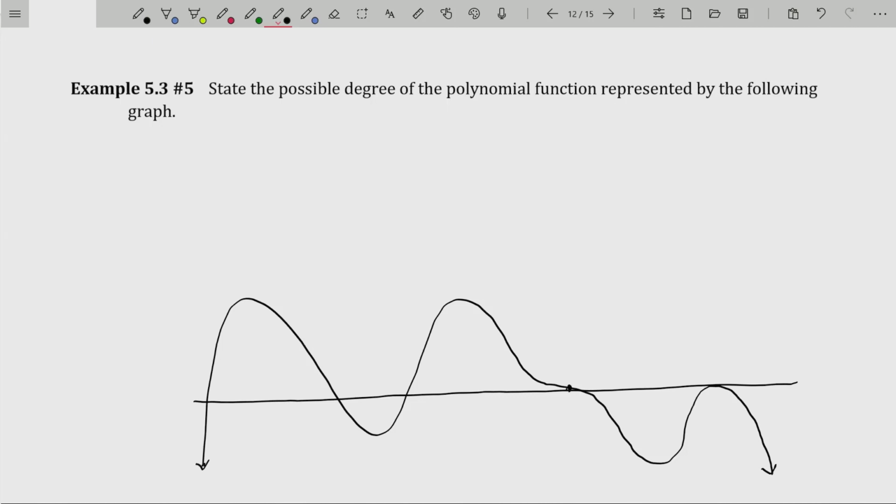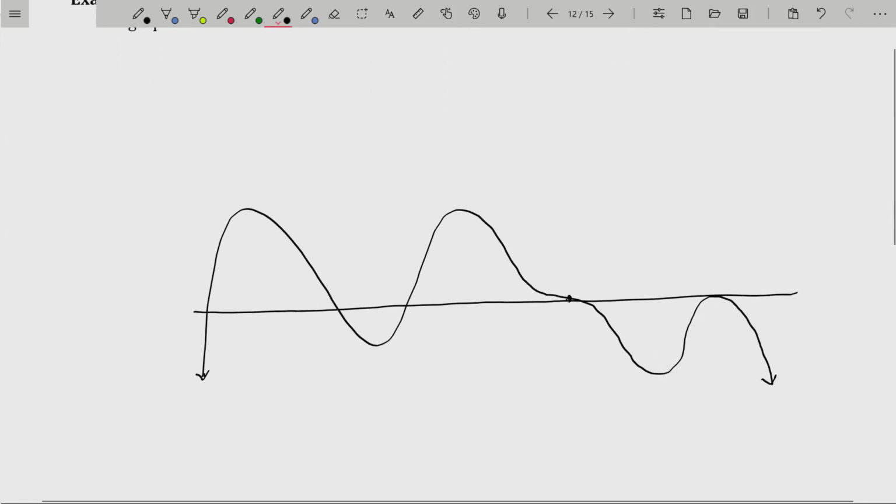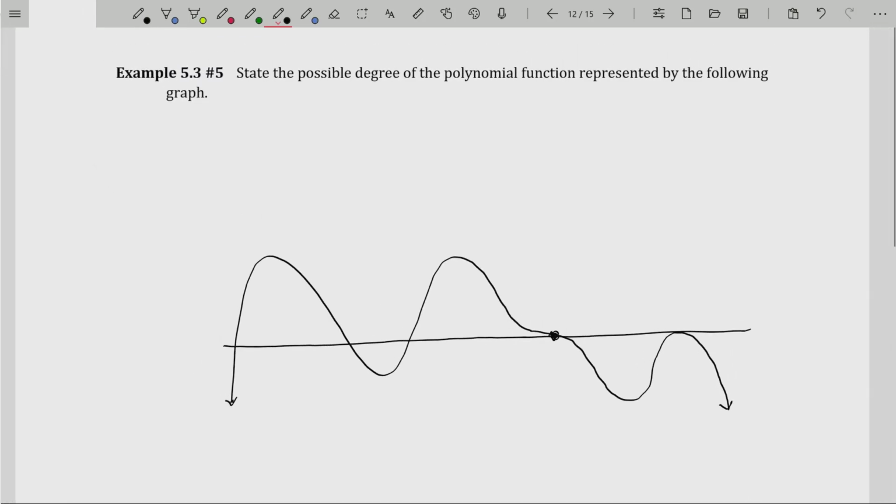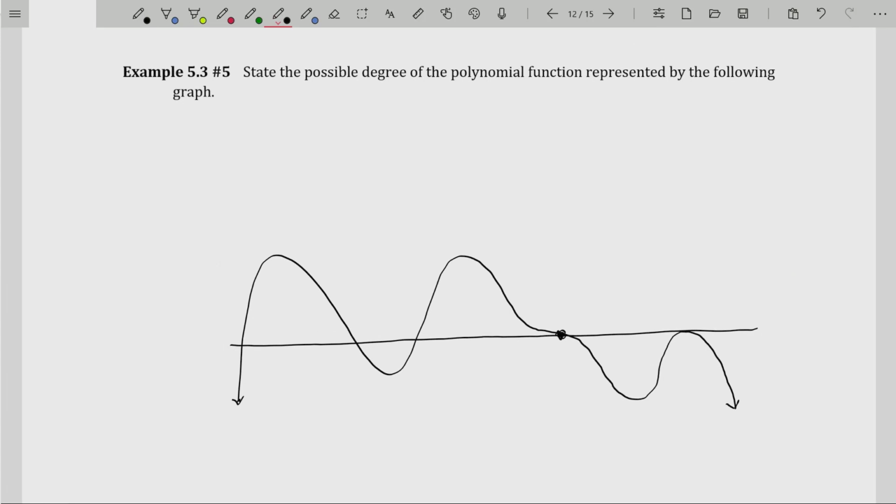So let's take an example here. And in this example, I'm pulling together ideas from videos that you should have seen already in this series, specifically identifying zeros and their multiplicities. I'm using something from that here. But this question is asking us to state the possible degree of the polynomial function represented by the following graph. Now, if you take a look at the number of turning points, that helps out.